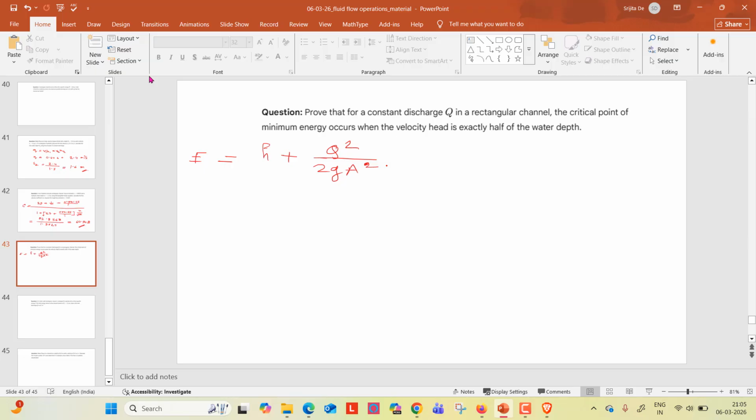So now the critical point of minimum energy means dE by dH equals to 0. So if you do the derivation, it will come as 1 plus Q square by 2g will be constant. So there will be a to the power minus 2, so this will cancel out, there will be a minus. So it will be gA cube into dA by dH, right, equals to 0.